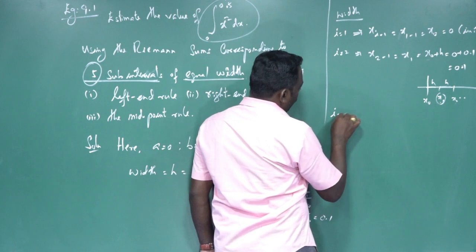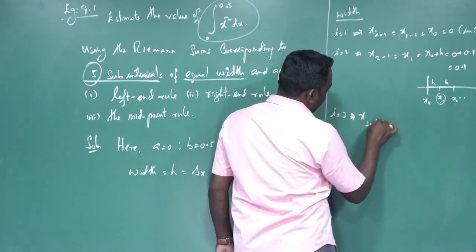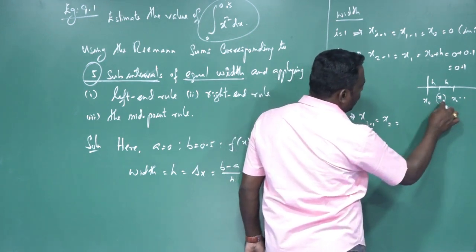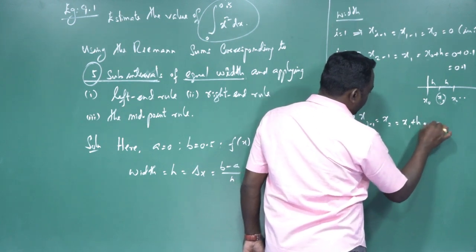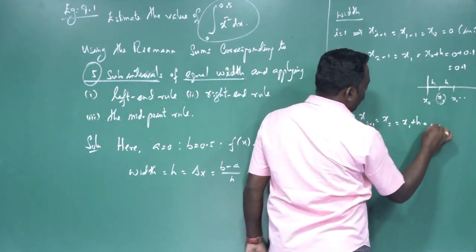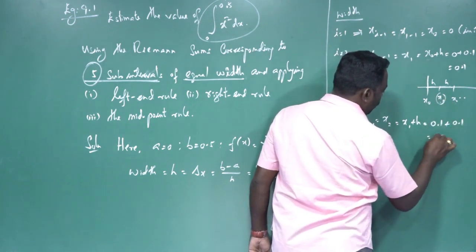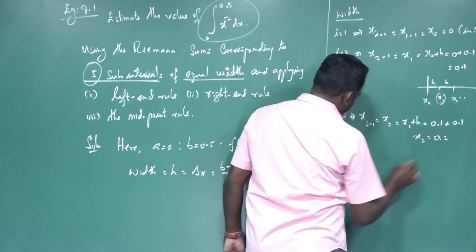And put i equal to 3, that implies x_(3 minus 1), that is x_2, which means x_1 plus h. So x_1 equal to 0.1 plus h equal to 0.1, that is equal to 0.2. This is the value of x_2.